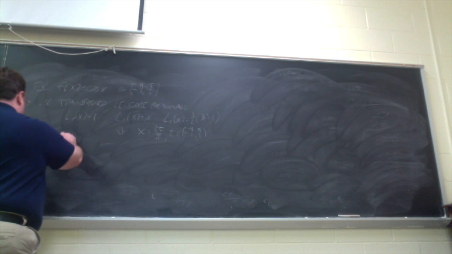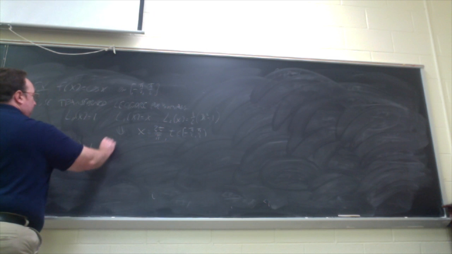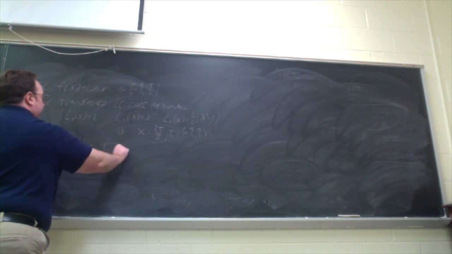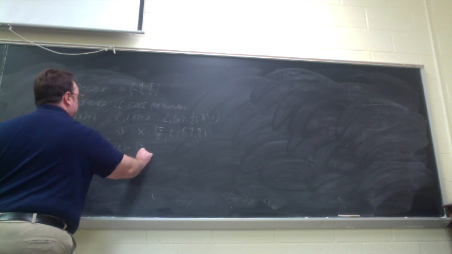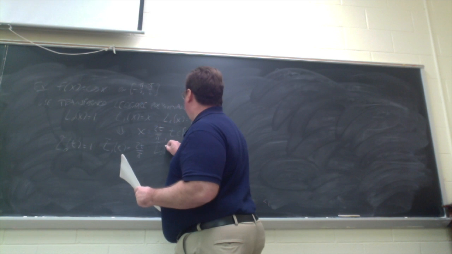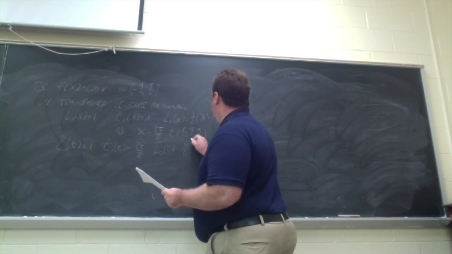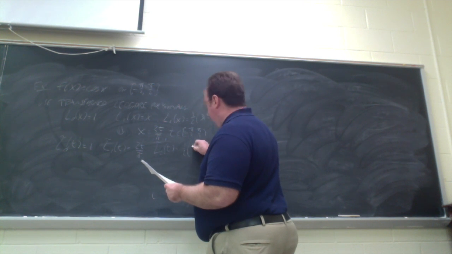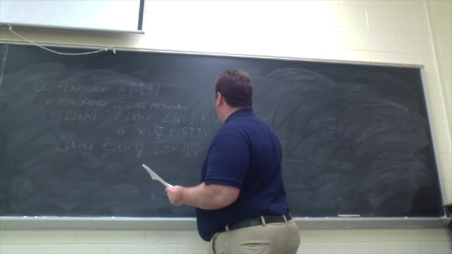So what I get is L0 tilde of t, which is still 1. L1 tilde of t is 2t over pi. And then L2 tilde of t, I just replace x with 2t over pi. So I get (12t squared over pi squared minus 1) over 2.